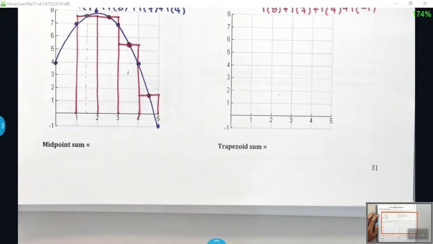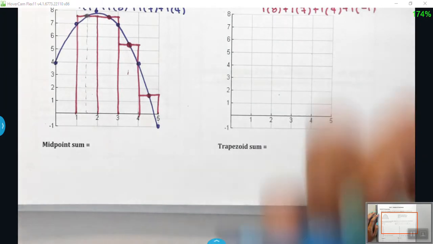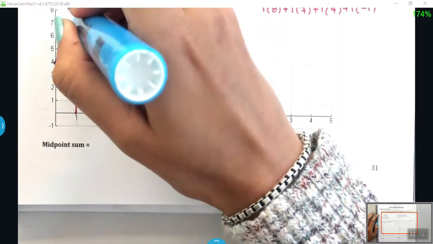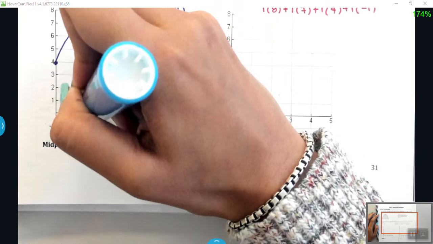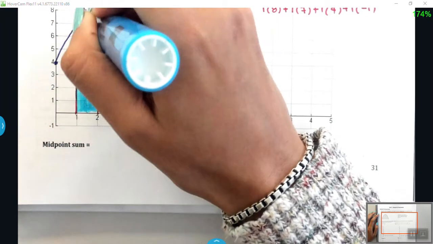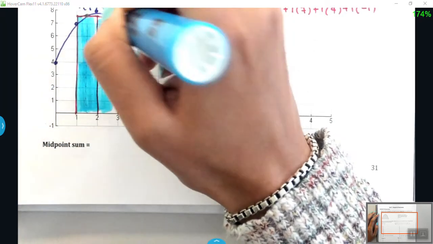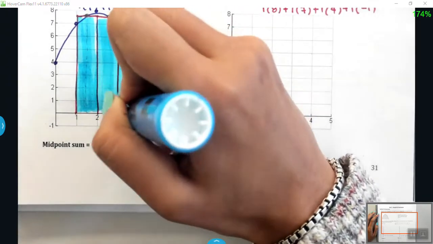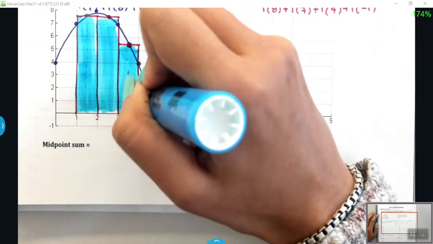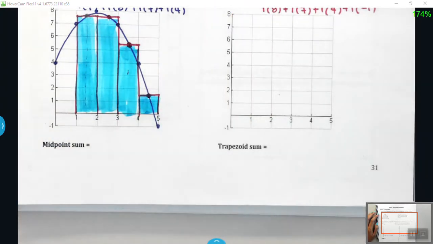So your area for that one includes a little bit over and a little bit under. Okay. What do you think?